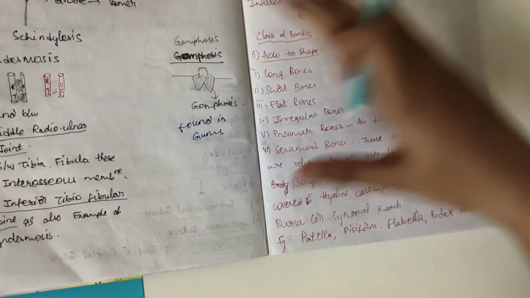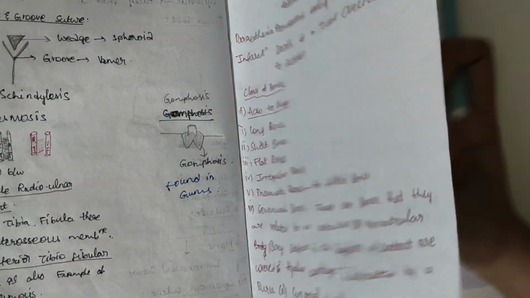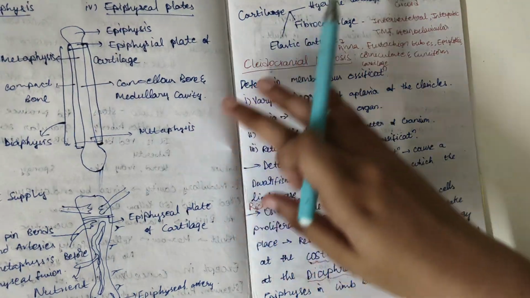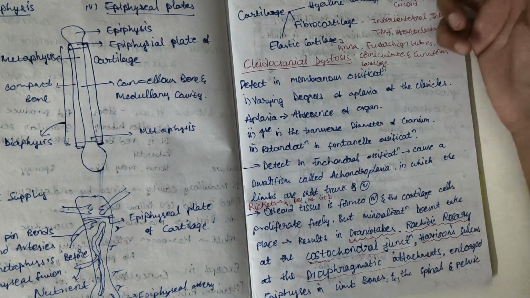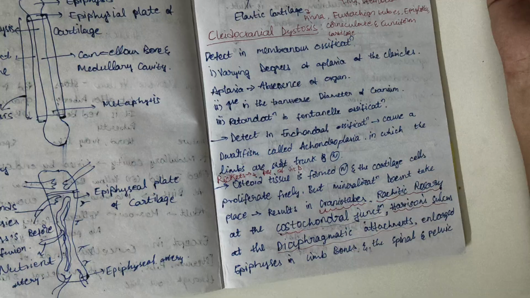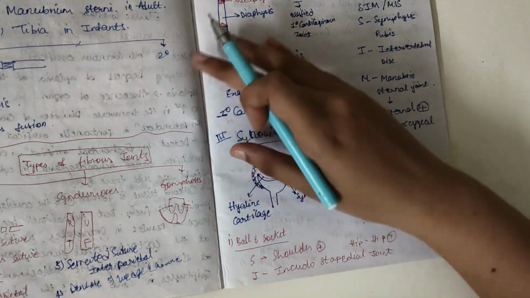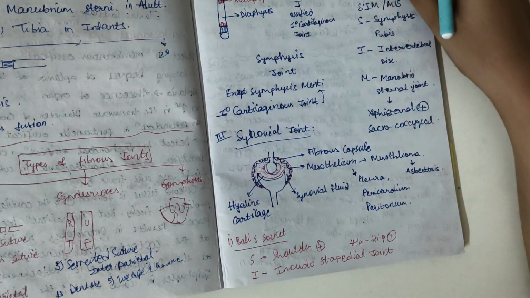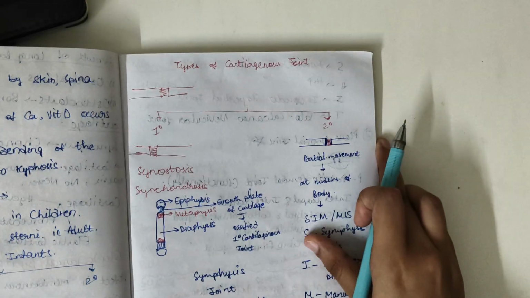Now we are going to cartilaginous joint. Cartilage is also known as chondro. Types of cartilaginous joint.